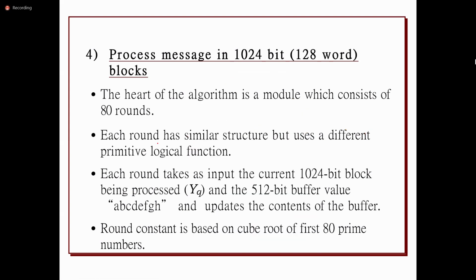Each round has a similar structure but uses a different primitive logical function. As I said, SHA-512 will use binary logical operations, so the logical operations will be different. Each round takes input from the current 1024-bit block, that is the message or the plain text, and it takes the 512-bit buffer value.